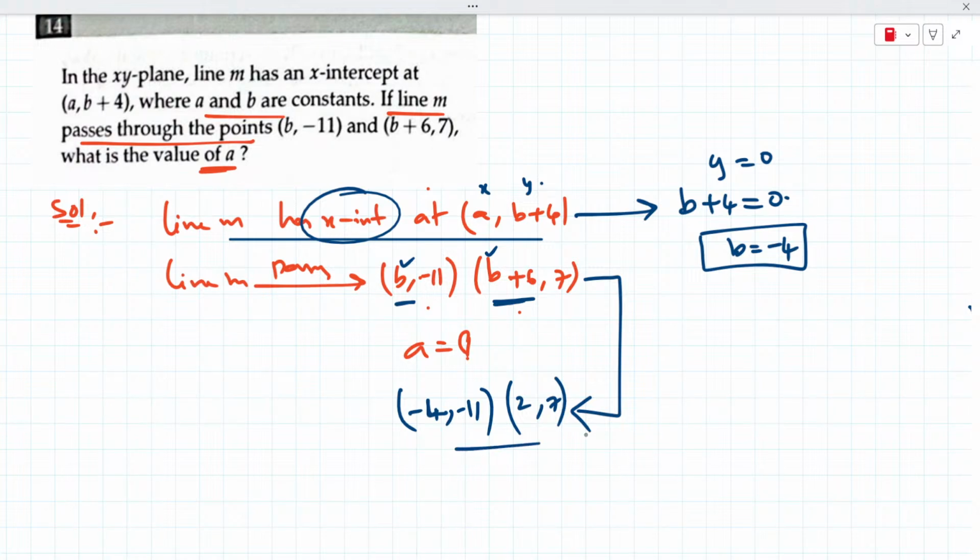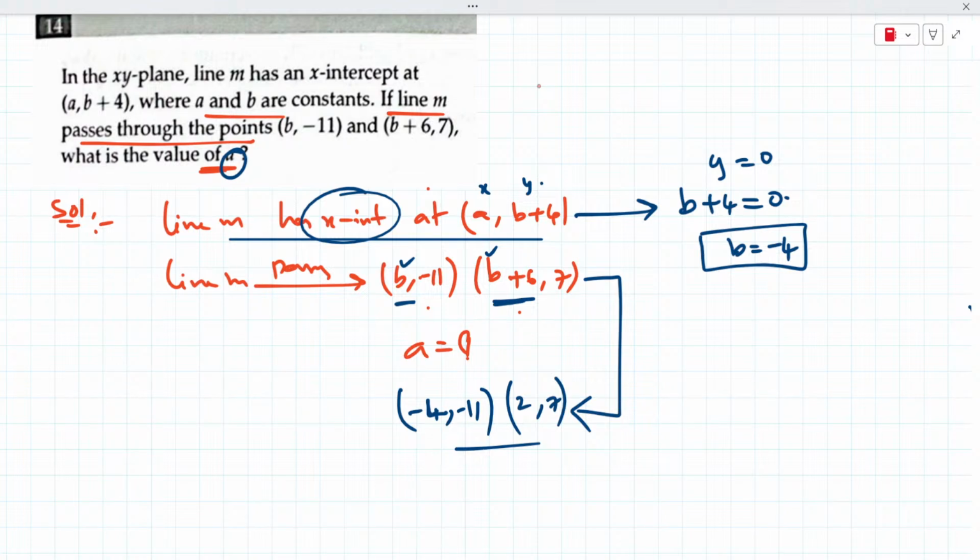Now we have two points. What do we need to find? The value of a. How can we find it? If we have a slope and a point, using point slope form we substitute and we get the value of a.